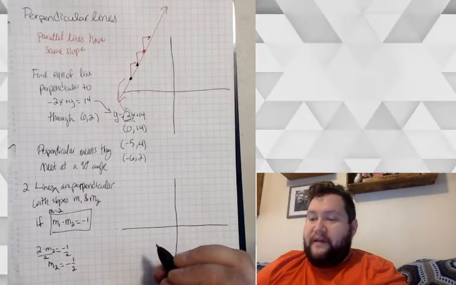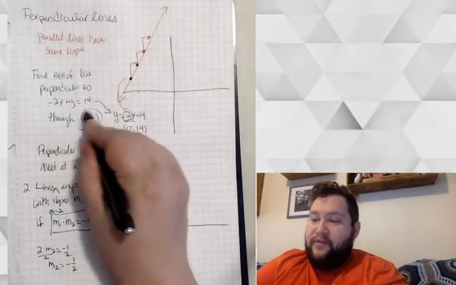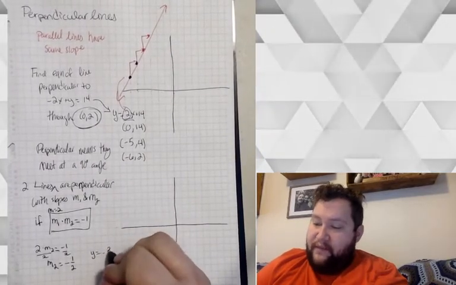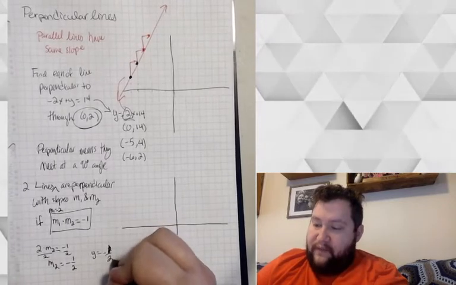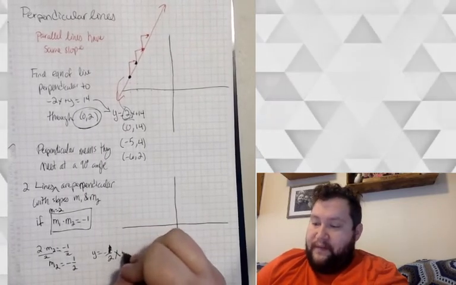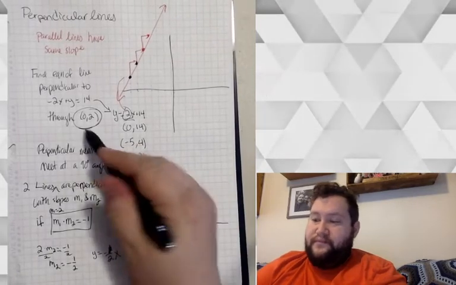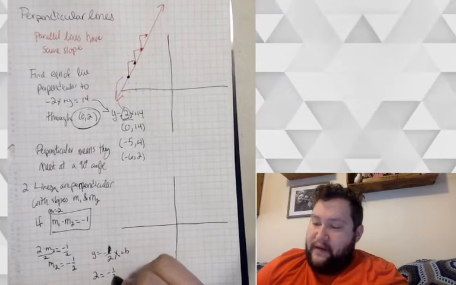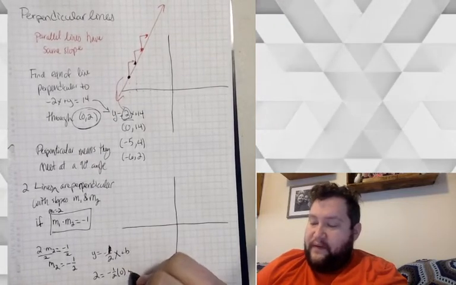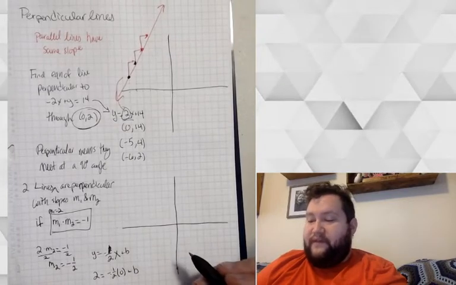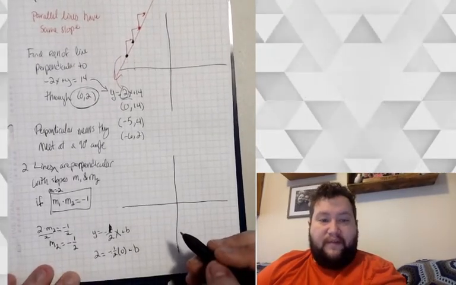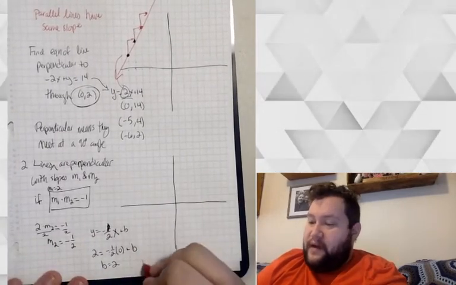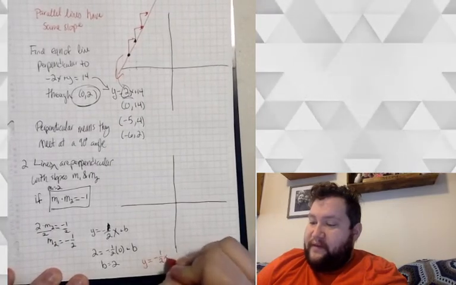But we still need to find the perpendicular through 0, 2. So do y equals -1/2 x plus b, with the point 0, 2. So y equals -1/2 times 0 plus b. Well, 0 times a half, whether it's positive or negative, is 0. So b equals 2. That means our equation is y equals -1/2 x plus 2.